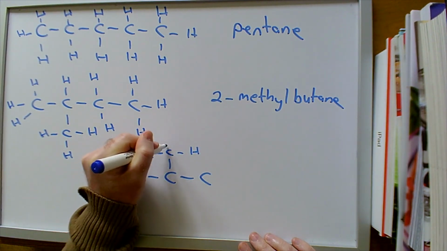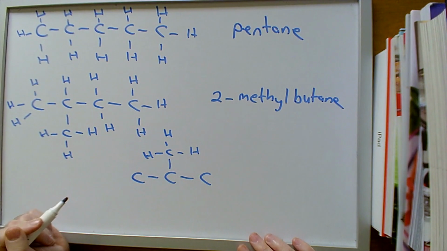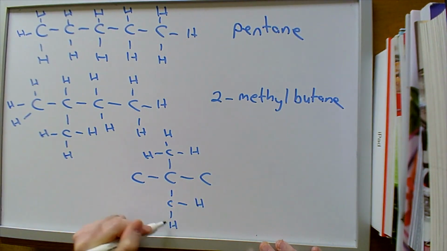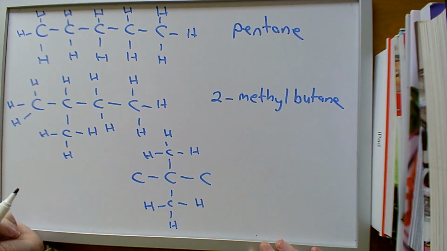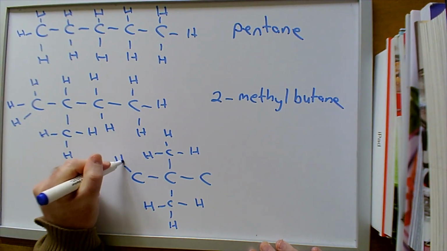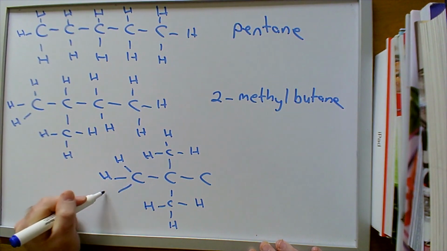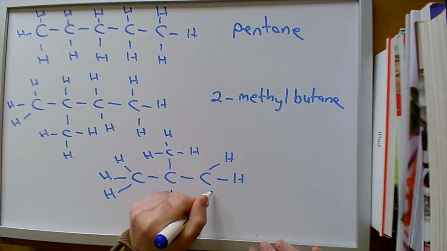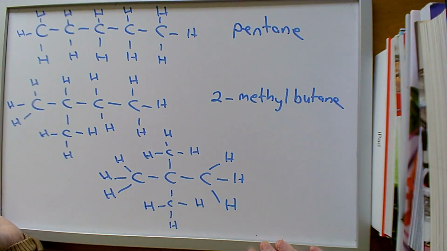So in my next example, I can't put the CH3 group on a 4 carbon chain anywhere else than on the second carbon. Otherwise I'm just drawing the same compounds. I'm either drawing pentane or 2-methylbutane again. So all I can do really is cut the chain down to 3, and then I have 2 CH3 groups to put in.